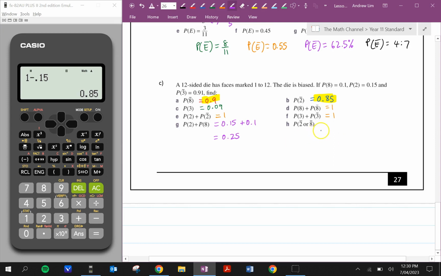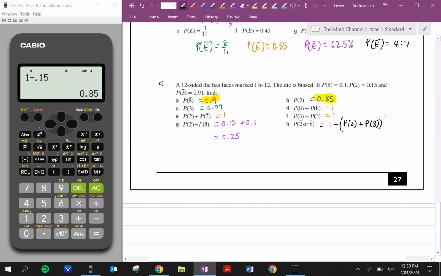What we need to realize is that this is actually the complement of G. The probability of 2 and the probability of 8 is 0.25. So not 2 or 8 is actually 1 minus the 0.25. So this is equal to 1 minus the probability of 2 plus the probability of 8.